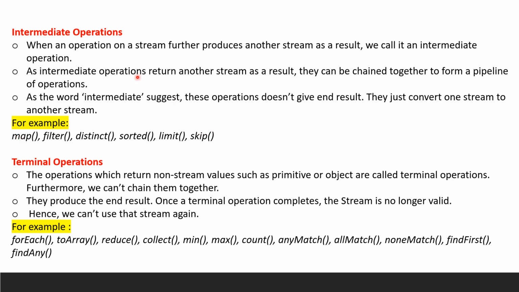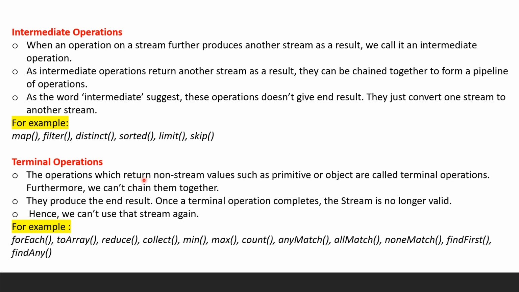The main thing to remember about intermediate operations is that from a given source stream, they do some operation and give us another stream as a result. They only convert one stream to another stream. Some example methods are these.